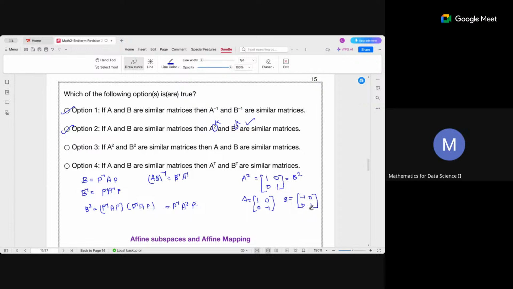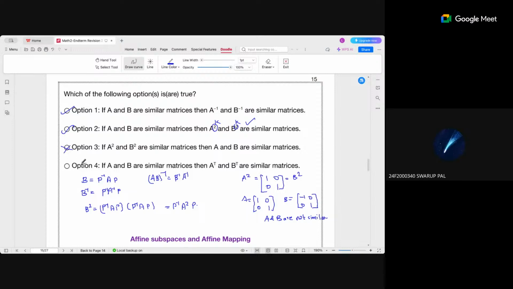Did I do it correctly, or maybe I should write 1 1 only? Now in this case, what is the trace of A and trace of B? Do they coincide? No. So A and B are not similar. So option 3 is incorrect.